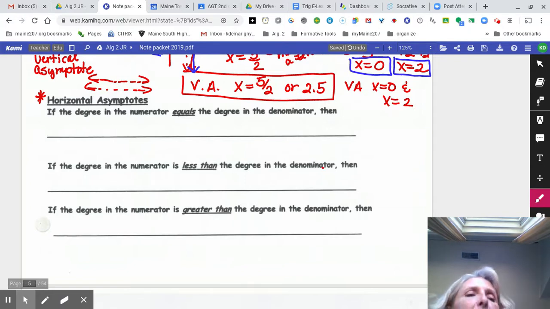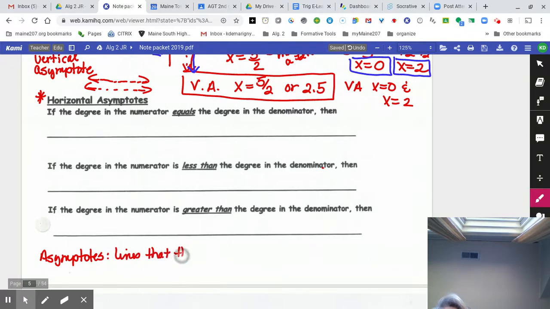So just so we remember, asymptotes are lines that the graph approaches but does not touch.